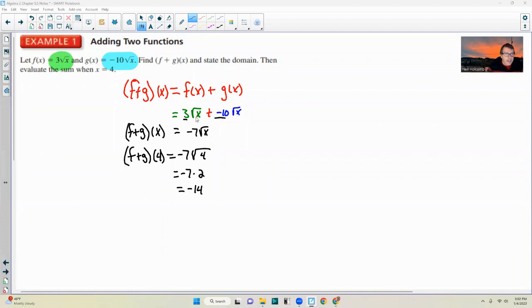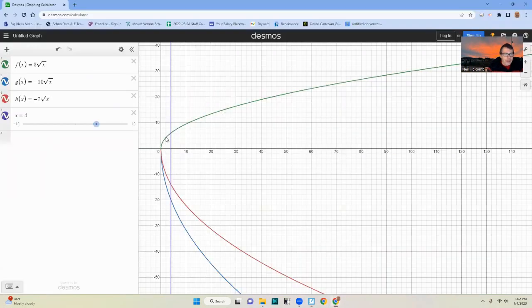Okay, so now that I've done this algebraically, I wanted to show it to you graphically. So we have this function here. I'm going to graph in green and this one in blue, and I'll do the sum of the two in red, and then we're going to find what f of 4 is, or when x equals 4. And I did it in Desmos. So here it is. So this green one is 3 times the square root of x.